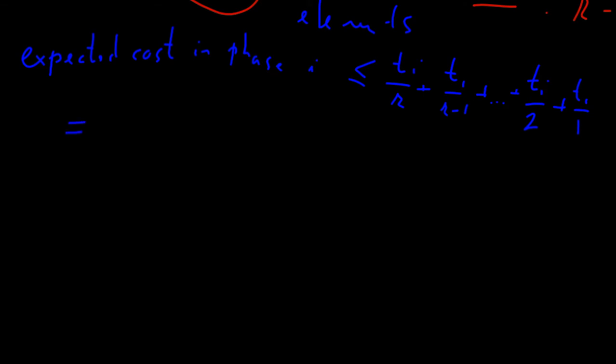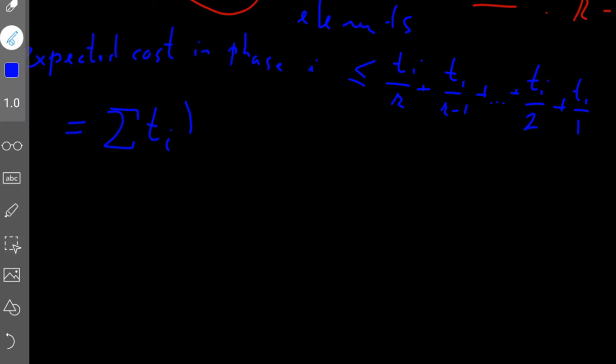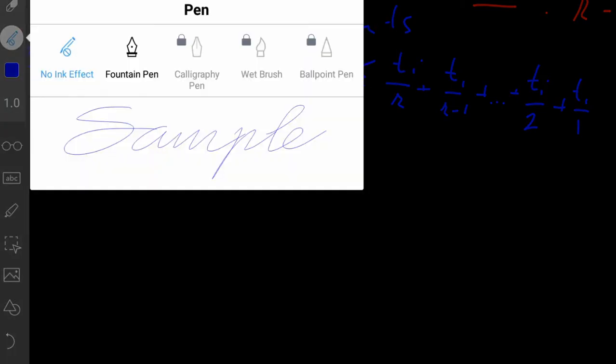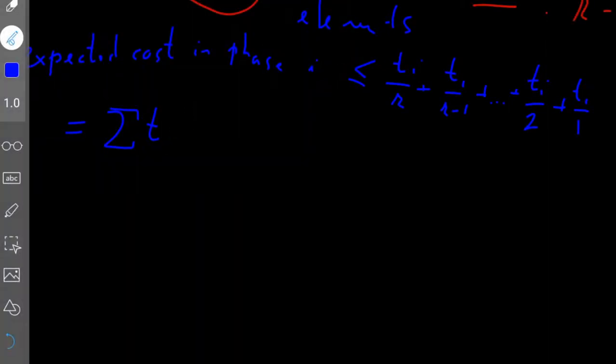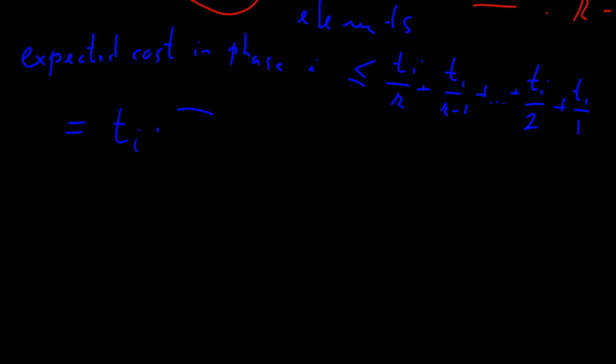This is just the sum of the 1 over indexes multiplied by ti, which is ti times the sum of j moving from 1 to k of 1 over j. So it's 1 over k plus 1 over k minus 1, and so on, plus 1 over 1.